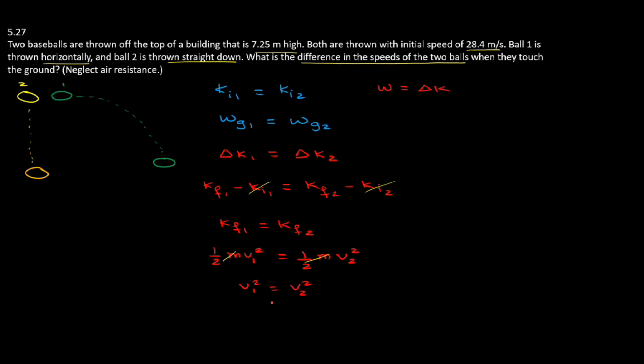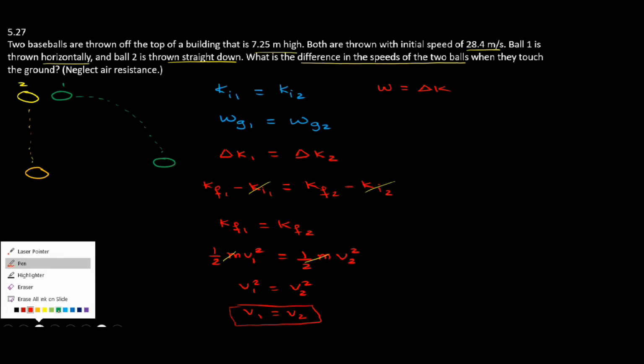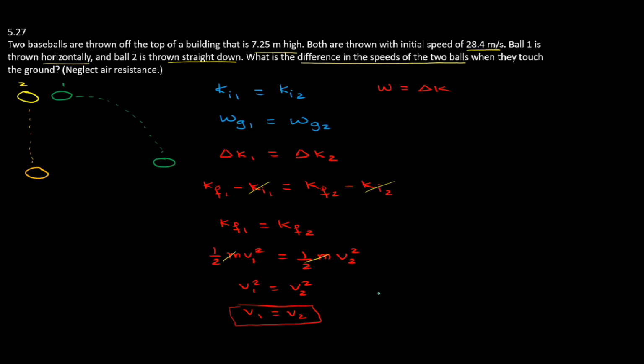And when we take the square root on both sides, we get v1 equals v2. Now, since the velocities when they reach the ground are equal, the difference in velocity will come out to be 0. So when I do v1 minus v2, my answer comes out to be 0.